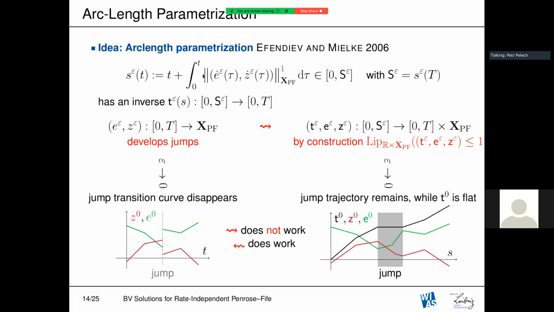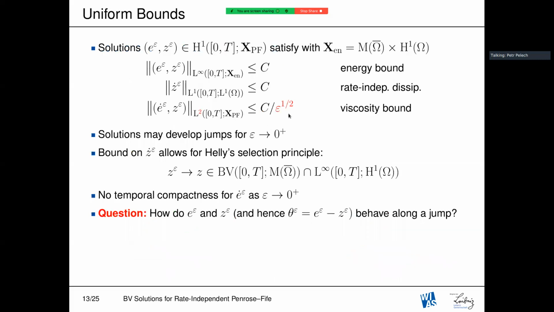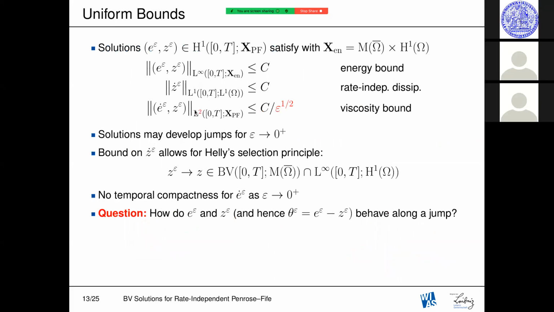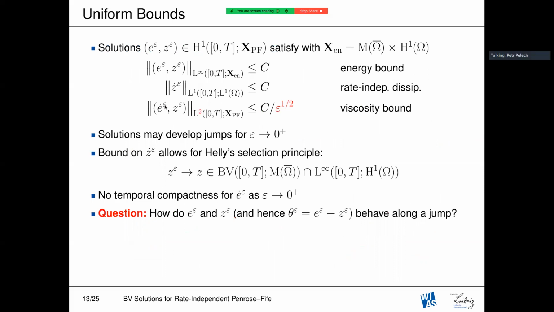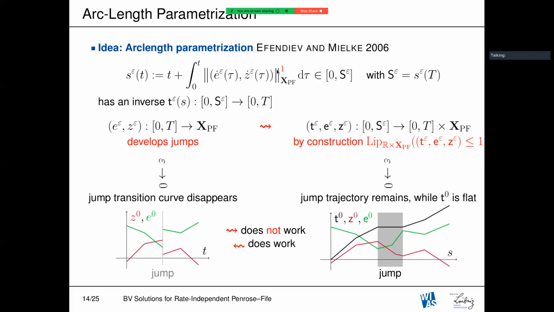So it is really nothing but the norm of the tangent vector in the product space of time, which is 1, and the rates. And in the Banach space for rates, we use this viscous norm, of course. But because it's a norm of the vector, we have just power 1 here. And that's the difference to this viscosity bound, where we have power 2, and this cannot be bounded. But with power 1, there is a hope.